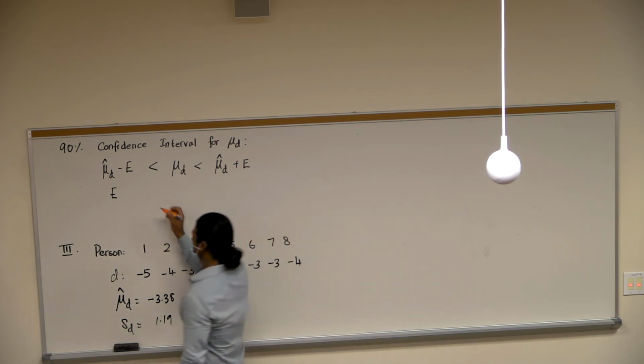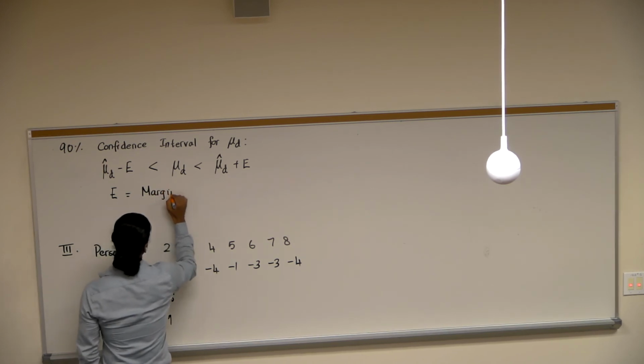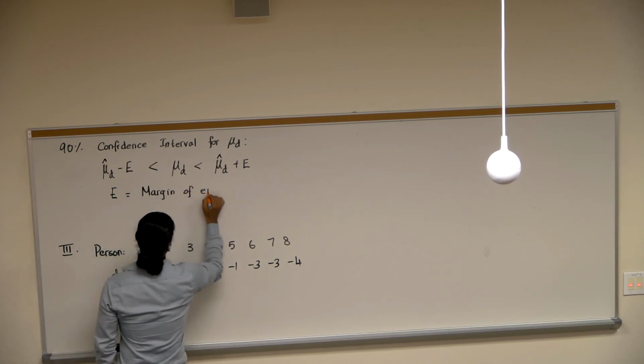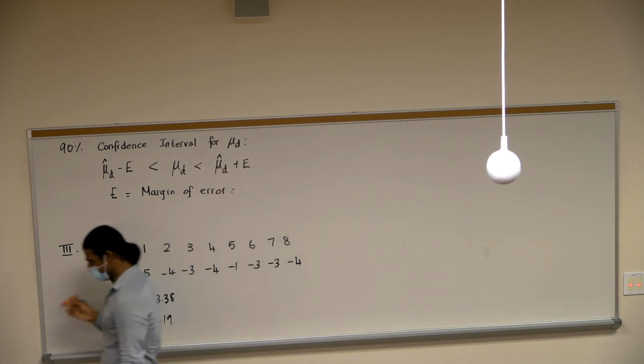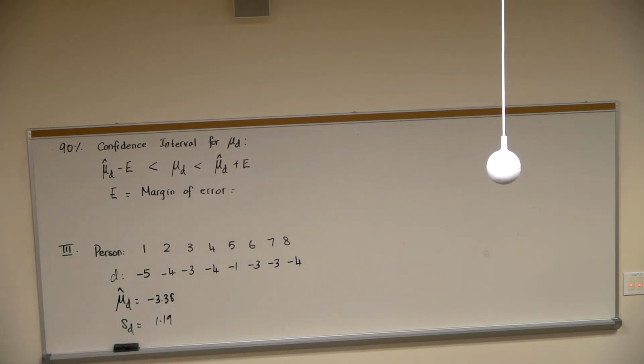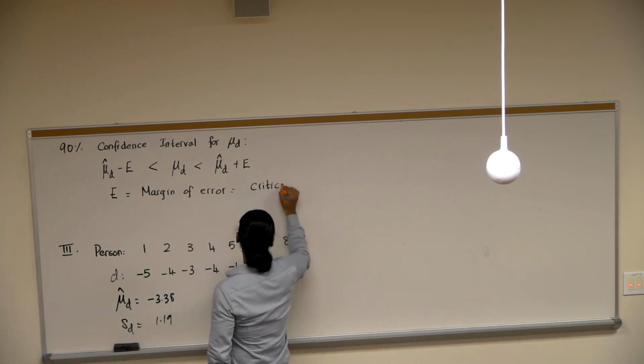It is the margin of error. And the margin of error is always the product of two things, and what are the two things? Critical value and standard error.